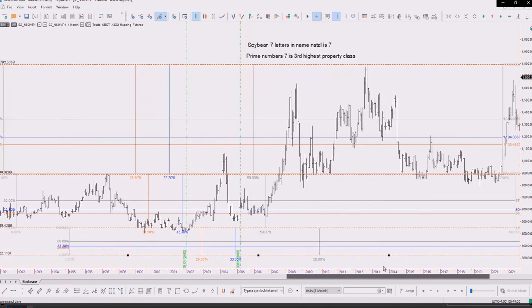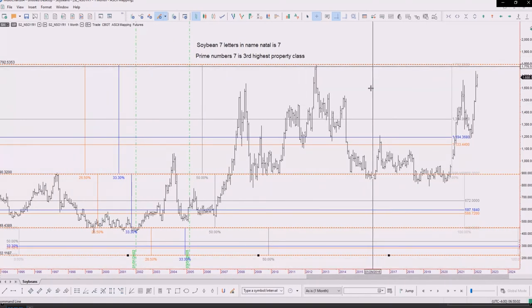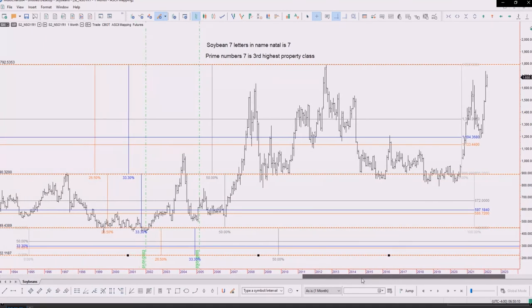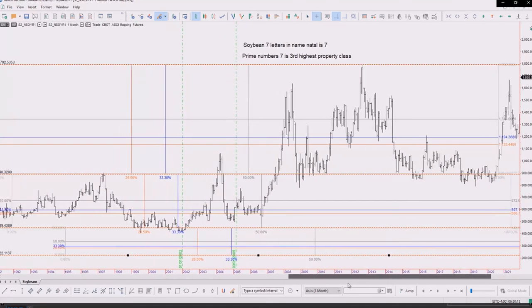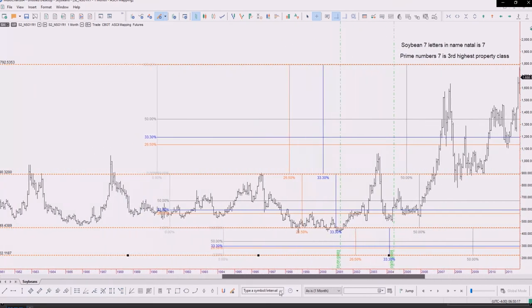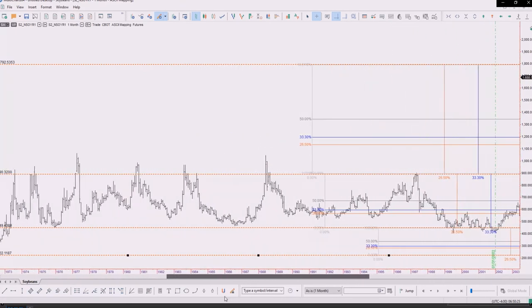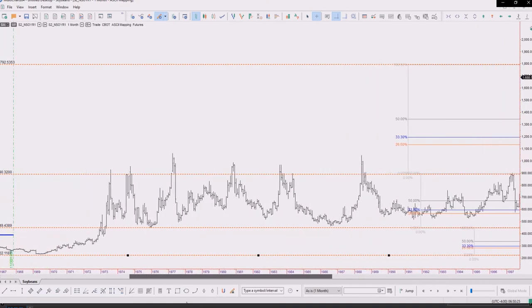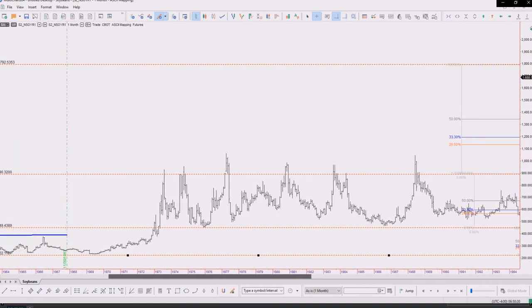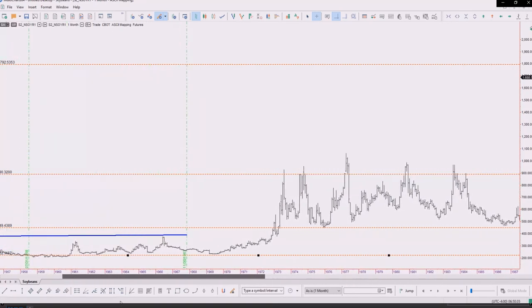So take a look. I'm going to go from right to left. Take a look at just the do levels and how they fit the key areas of support and resistance on this chart. Take particular note of when I go back in time to the low octave, the first octave, and as we move back into the 50s and 60s, when the market was trading below that level, look what happens.